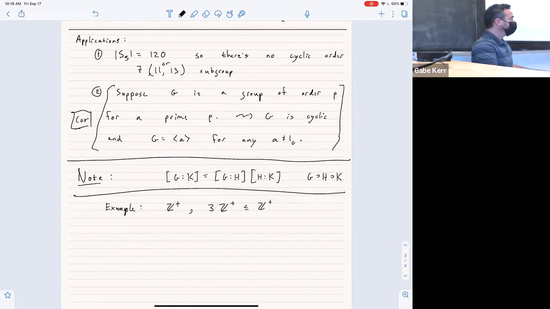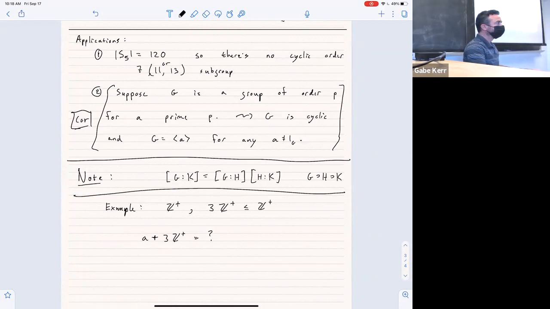Now, what are the cosets? So this is an additive group, so I'll write a coset like a plus, using the operation of the group. What are these things? It's like modulus shifted, something nonsense.